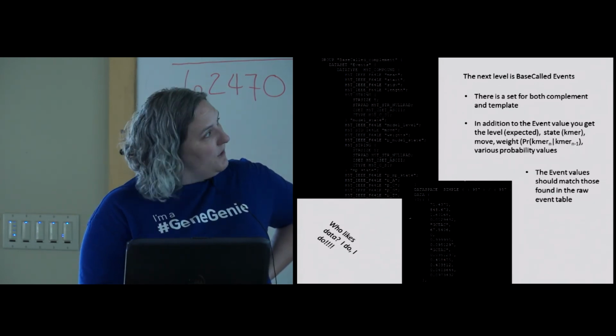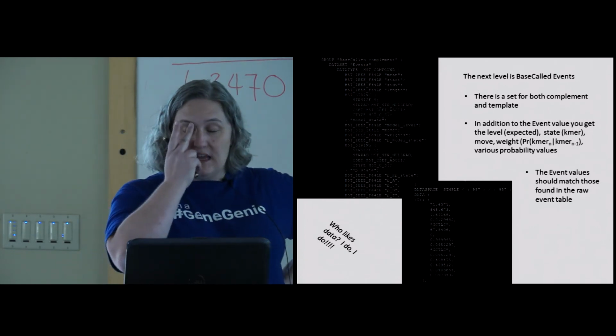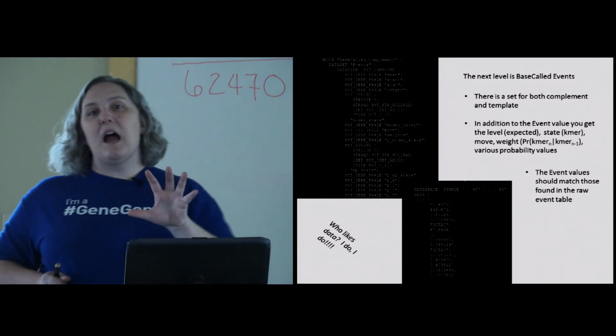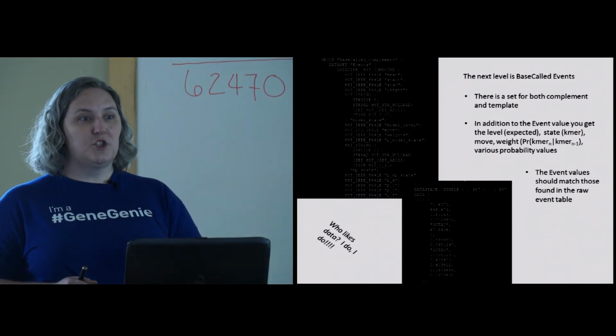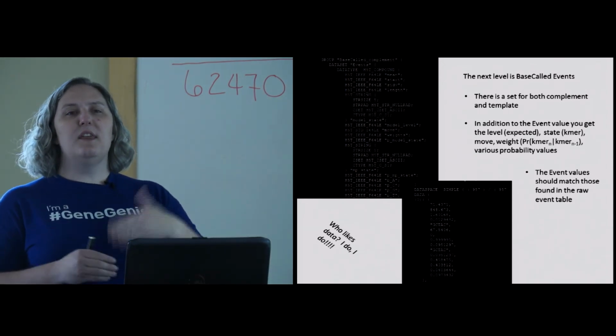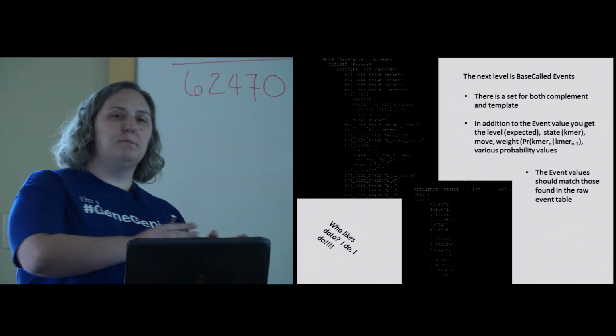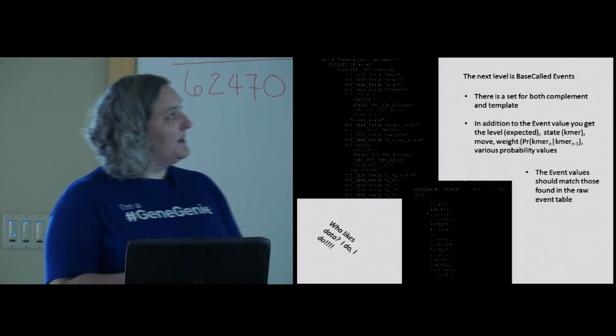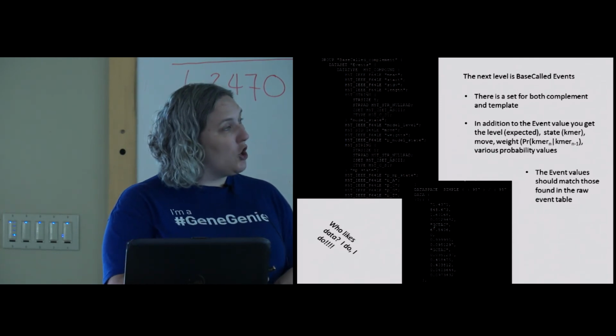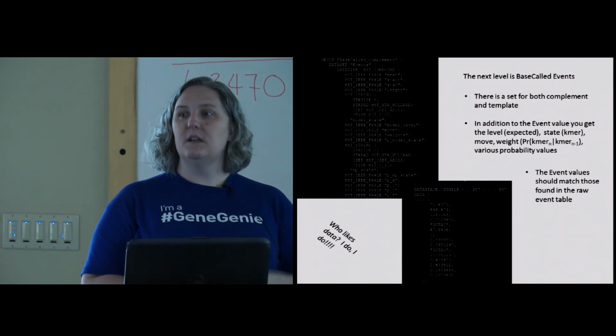You have move. Okay, move. That's an interesting concept. Sometimes events are missed. Sometimes events are doubled. So the move is saying, okay, this event means I've shifted my 5mers down one base, 2 bases, or no bases. So because this is the first called 5mer, the move is 0.